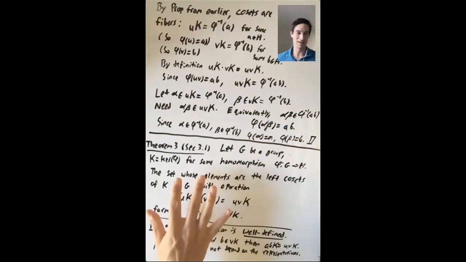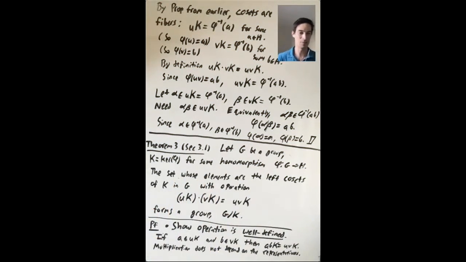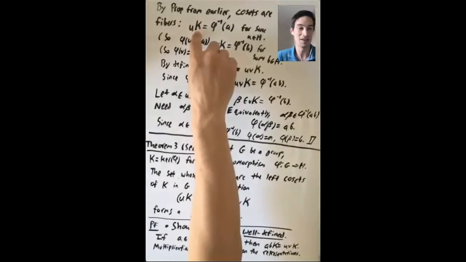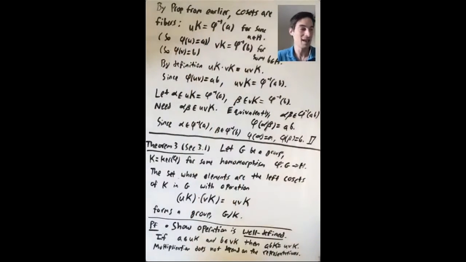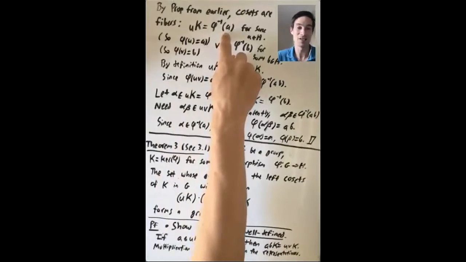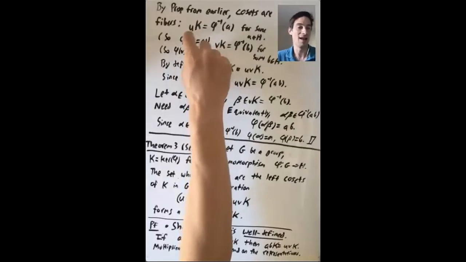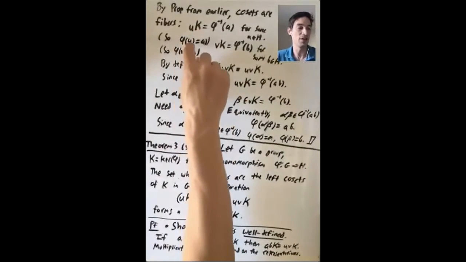I've kept the statement here, and let's talk through this proof that this operation is well defined. The key thing we're going to use is that our cosets are the same thing as fibers of this homomorphism. Remember, K is equal to the kernel of a homomorphism. So we know that the left coset of K containing u is the fiber above some a in H. In fact, u is in here, so phi of u is equal to a.